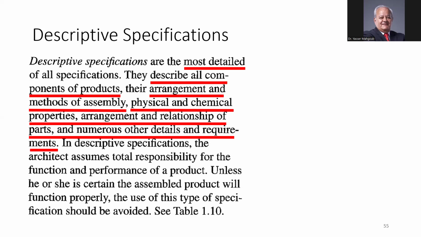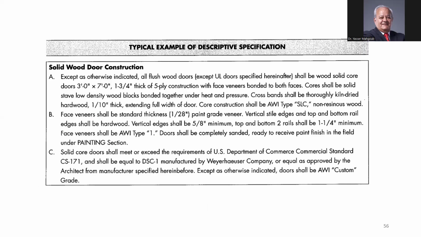Descriptive specs are the most detailed. So you specify each item, material, components, thickness, implementation, everything. You have to specify everything in the descriptive specification, and it is very exhaustive and usually creates many errors in work.